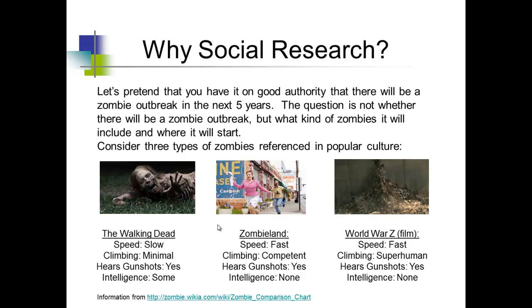And so I offer you examples of zombies, walkers, biters, lame brains, whatever you want to call them. They are here for our review. If we were to pretend briefly that we had it on good authority that there will be a zombie outbreak in the next 5 years, and that it's not really a question about whether this is going to happen, but rather what kind of zombies they will be.